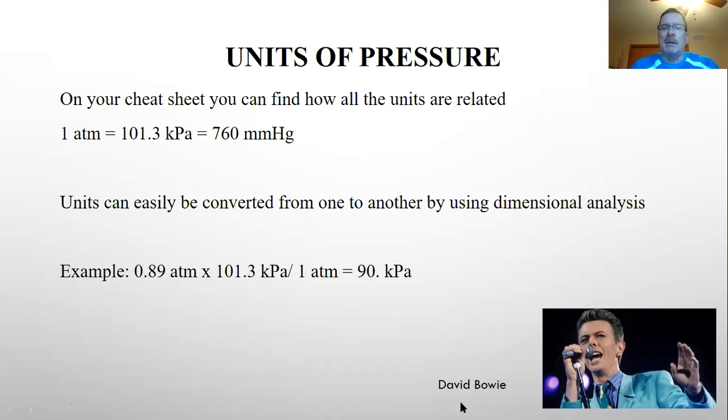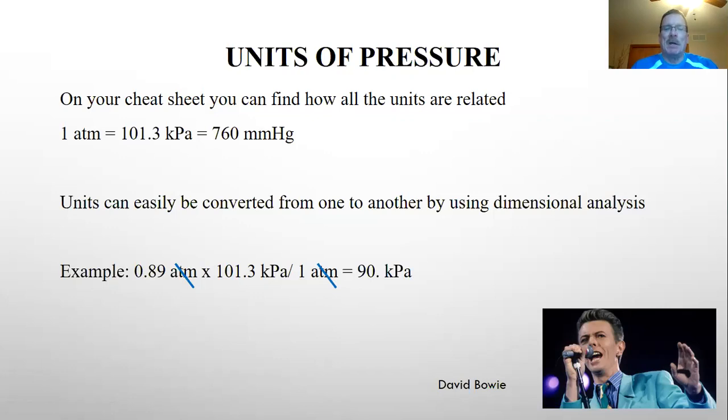So as you can see by the math here below, if I knew that I had 0.89 atmospheres and I wanted that number in kilopascals, then my conversion factor is there's 101.3 kilopascals in every atmosphere, and then the atmospheres cancel out. So 0.89 times 101.3 is about 90 kilopascals.